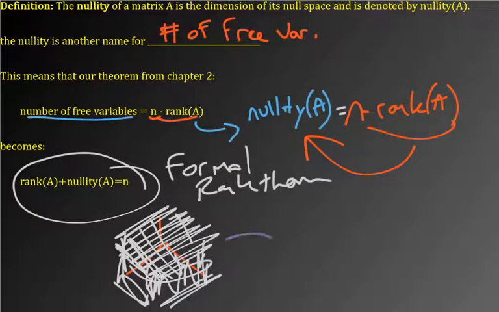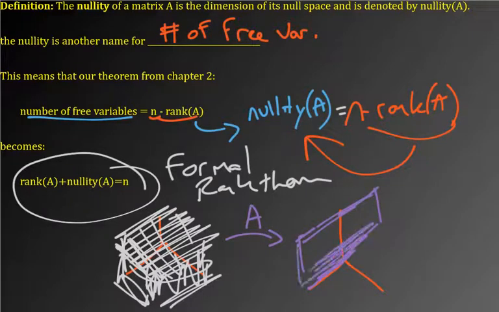Some transformation happens, takes 3D space, and maps it down to, say, the plane that cuts through just the XZ axis right there. So that would mean there's a dimension 1 that you're losing, because you're taking 3D down to 2D. And so we lose 1, so nullity is 1, and then the rank of A is 2, because 2 things transfer. And 2 plus 1 is 3.